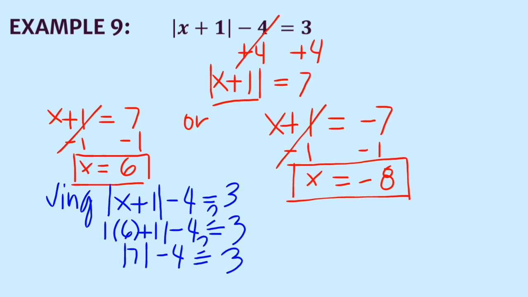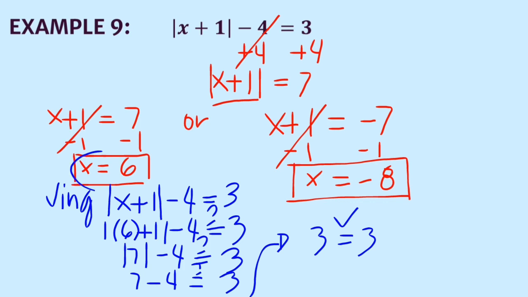Now, what is the absolute value of 7? It is 7. So, 7 minus 4 is equal to 3. Now, what is 7 minus 4? It is 3. Equal or not? It is equal. It means that our 6 here is our solution set.